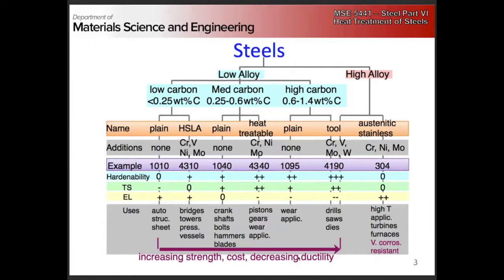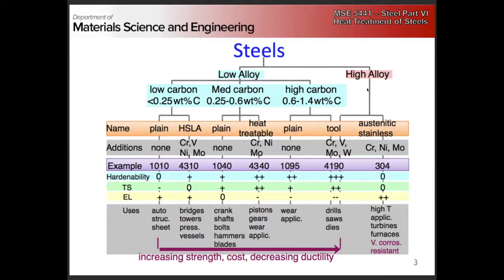Right? We have this inherent trade-off between ductility and strength, and steels are no different. So hardenability, right? How much can we strengthen? Right? Tensile strength and elongation. Right? Percent elongation. Right? So strength and ductility and what they're used for.